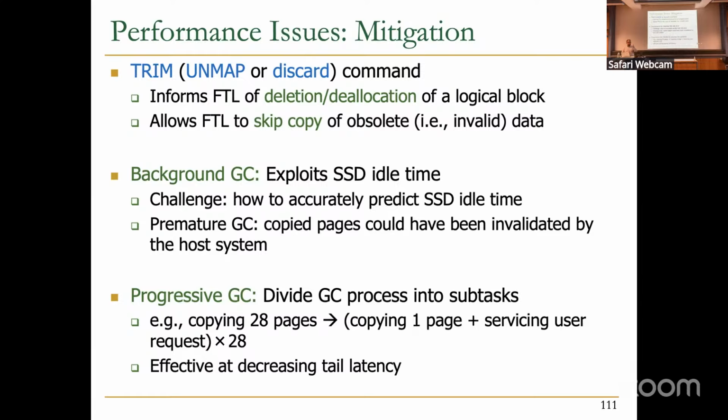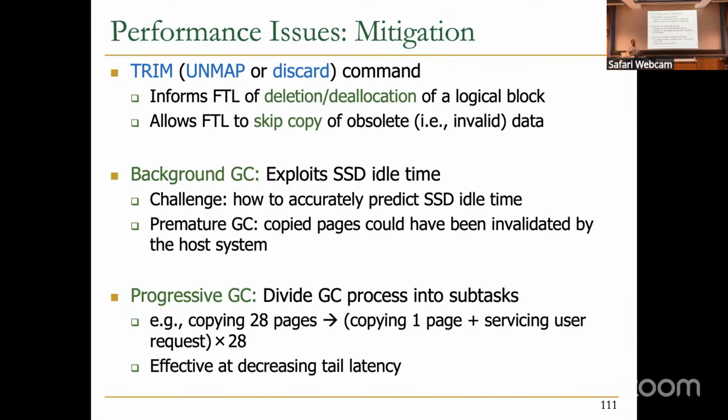Question? But the thing is that garbage collection needs a lot of copying data, and that copying also puts a lot of pressure on the internal bandwidth of the SSD. You need to use all these channels to move data from one place to another.